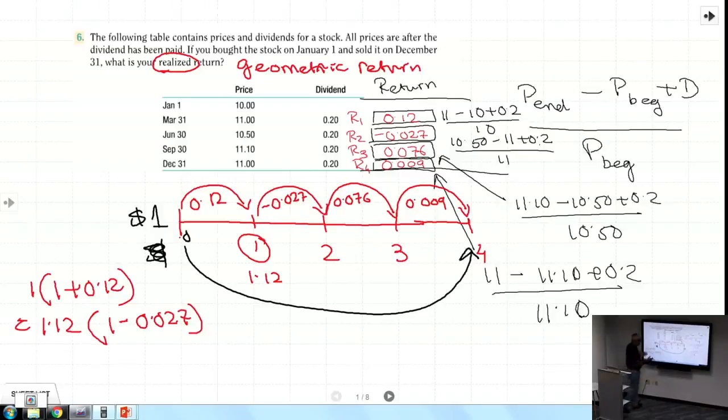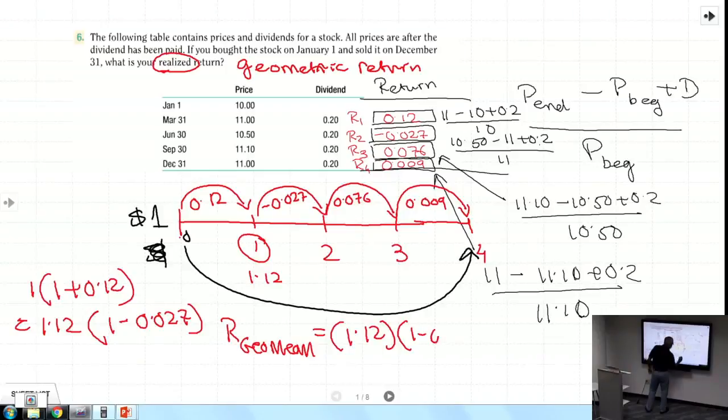Or we can directly go into the formula for geometric mean, which would be 1.12 times 1 minus 0.027 times 1 plus 0.076 times 1 plus 0.009.